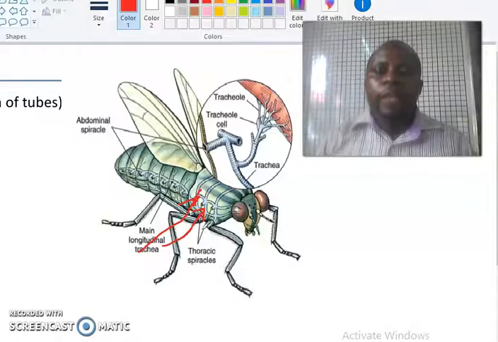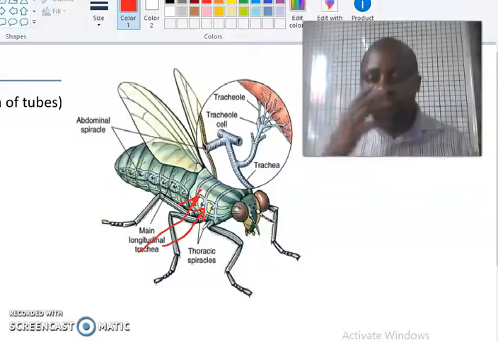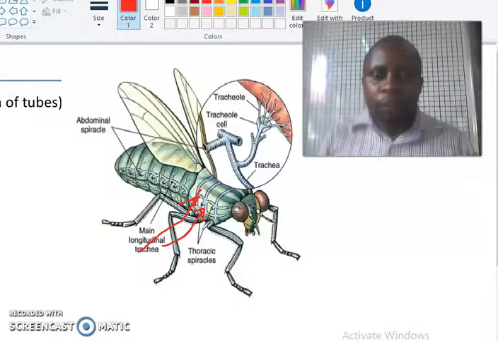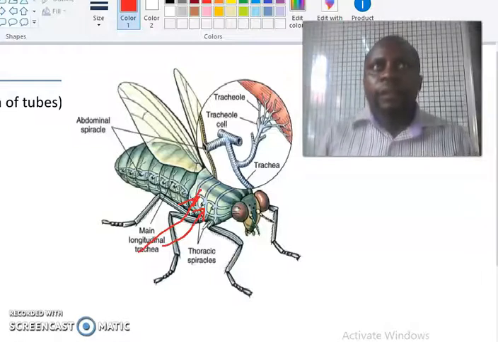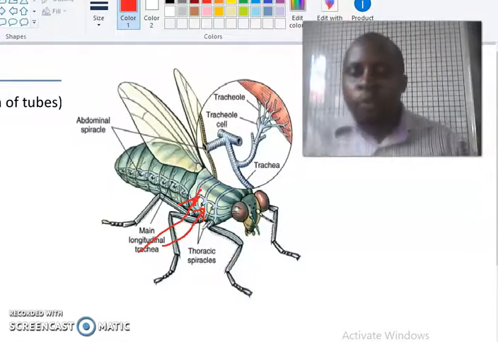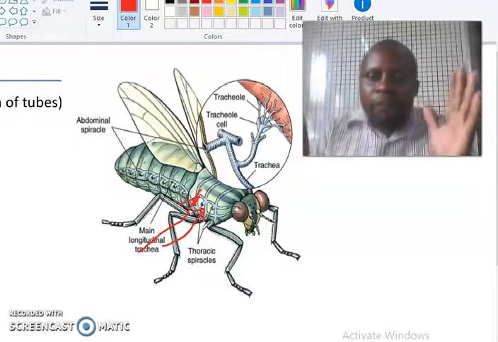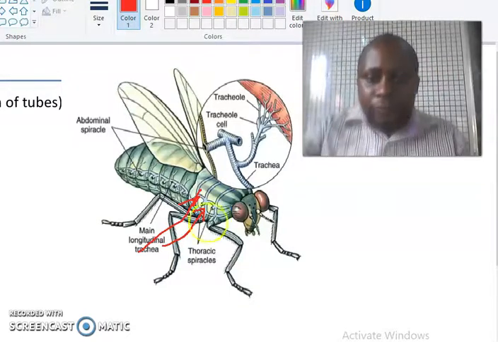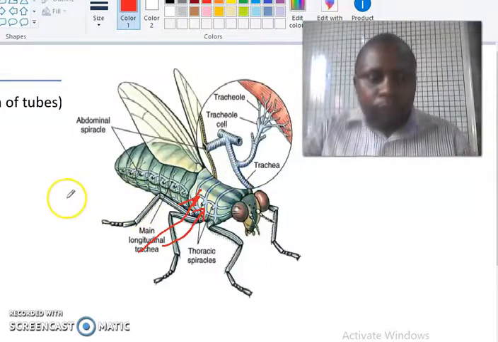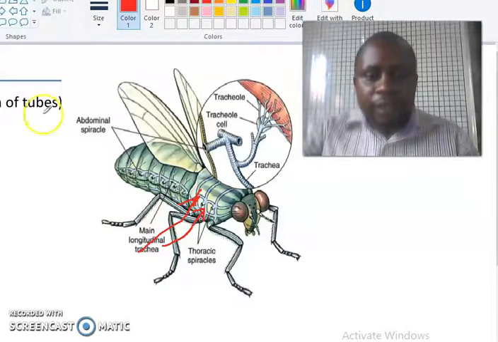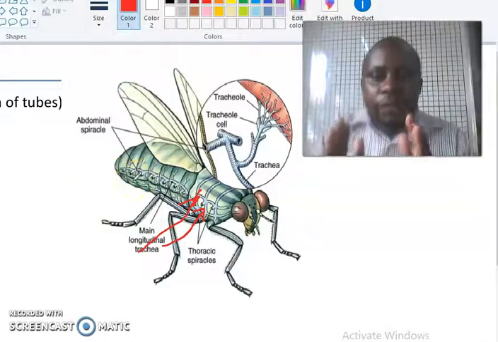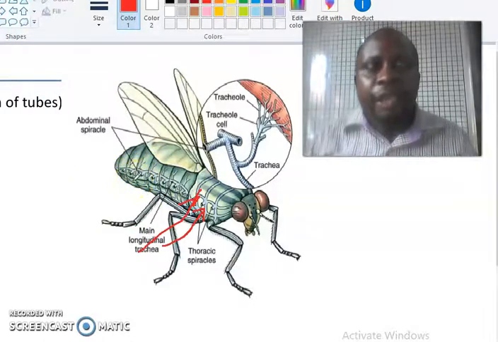What about exhalation? Exhalation is brought about by a decrease in volume of the abdomen. That is, the abdominal muscles contract. If they contract, the pressure increases while volume decreases.